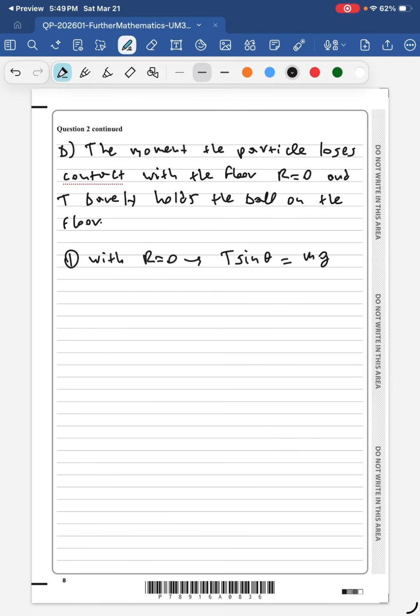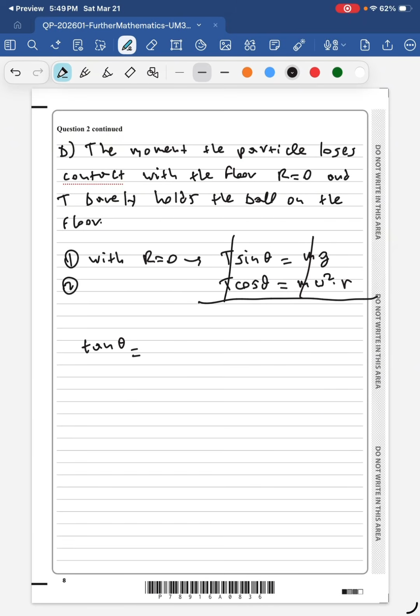And equation 2 is the same as before. T cosine theta is m omega squared times r, and r is 3a. I put them like that because we can divide them. If we divide these two equations, T cancels and mass cancels, and we find this beautiful formula.